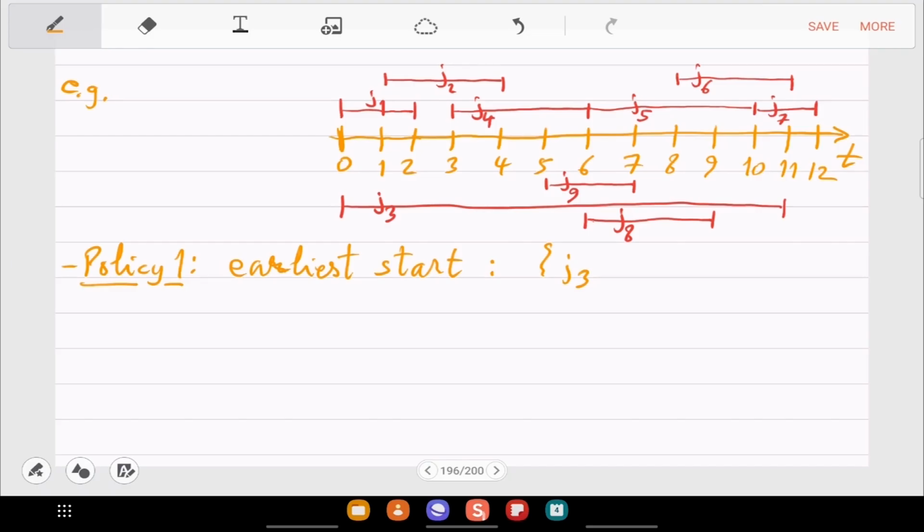I mean, J1 also starts there, but the machine may not look at anything else. It may just look at the earliest start and pick J3. The problem is that J3 will run for so long that it will kill all other possibilities. So after J3, you cannot schedule anything else. Right, so that's a problem with this policy.